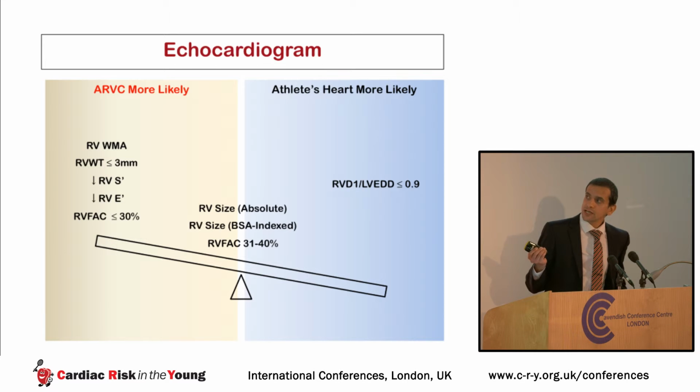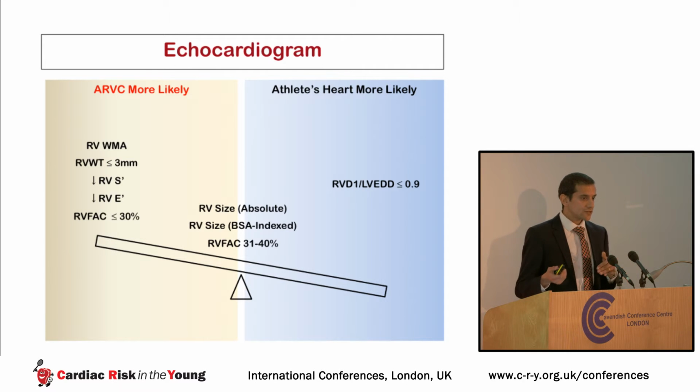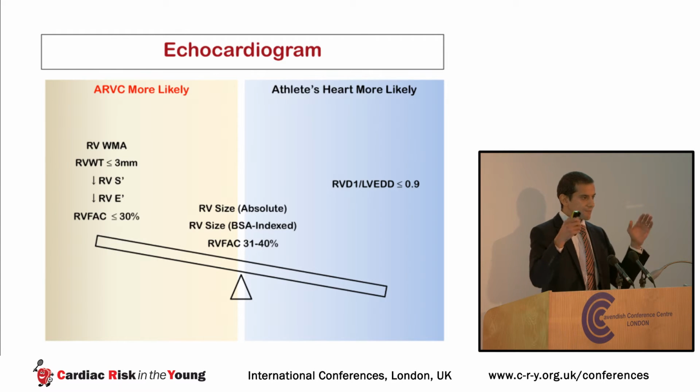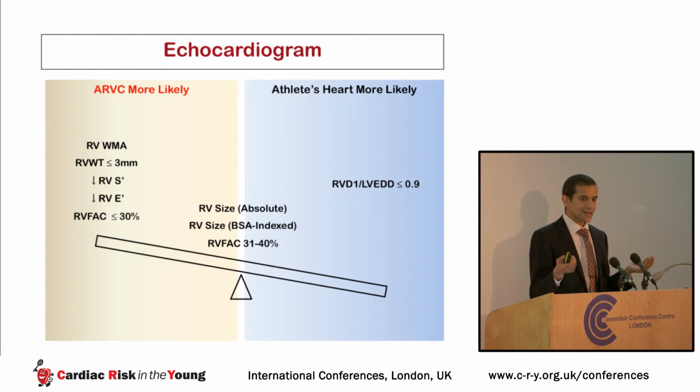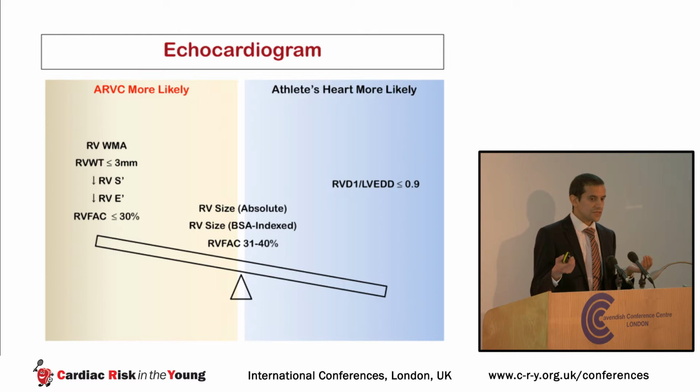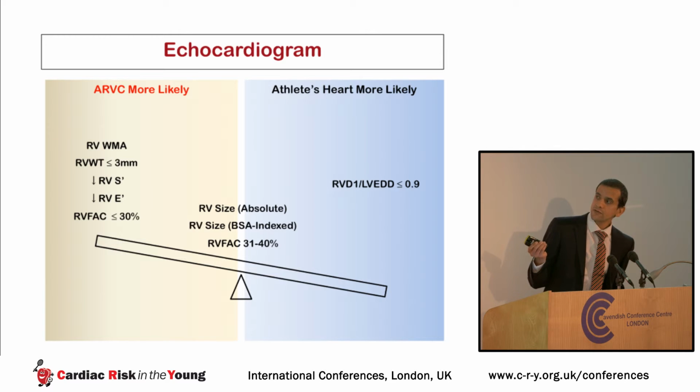Now, ratio measures of right ventricular to left ventricular size were very useful, because in athletes, you should tend to get symmetrical enlargement of the right and left ventricle, whereas in ARVC, you may have predominant dilatation of the right ventricle. So if your ratio of right to left ventricular size was low, it was suggestive of physiological remodeling.